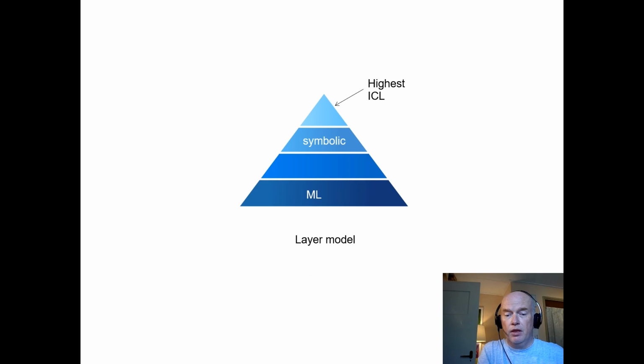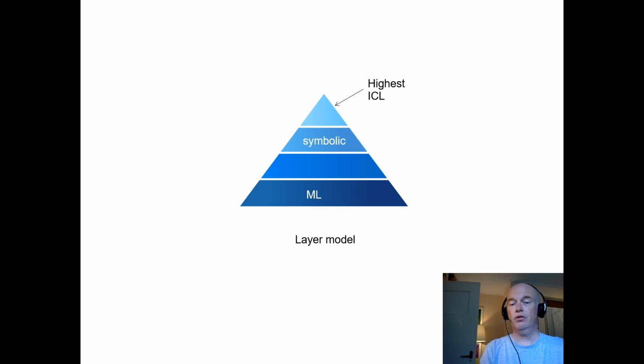Another way of looking at this is that the PSD actually is a triangle form, and the lowest layer is the machine learning or sub-symbolic layer, and the higher we get, the closer to the target, the higher the information content level gets, and also the information gets more and more symbolic.